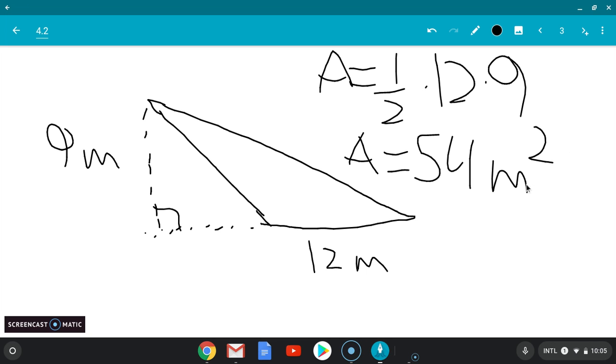We always have to remember our units, and once again, we're still working with area, so our units are still squared. So this area here is 54 meters squared. And if you had done your base times height divided by 2, you would have come up to the same answer. So that's how you find the area of a triangle.